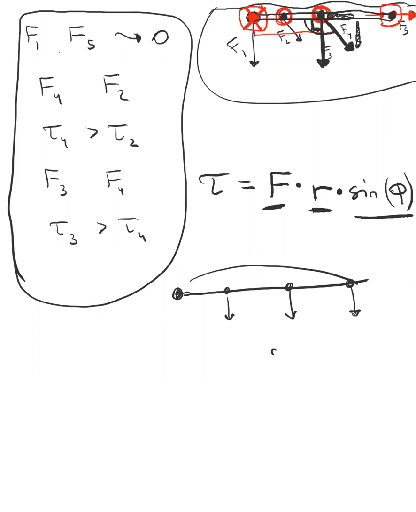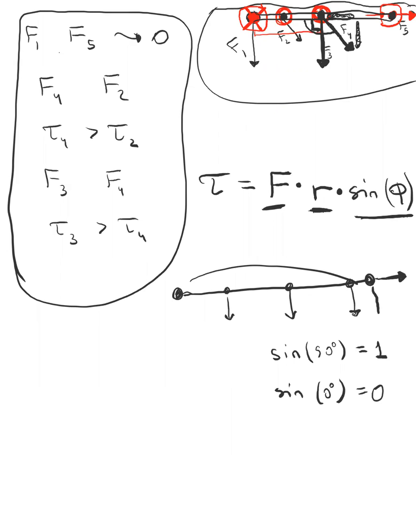So we have the sine of the angle. And from your calculus or trigonometry, you probably remember that sine of 90 degrees is 1, and sine of 0 degrees is 0. So if your force is aligned like so, if there is a 0 degree angle, then this force will produce 0 torque.